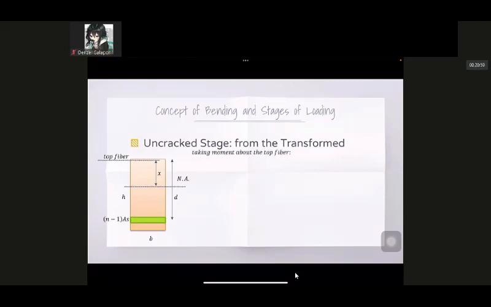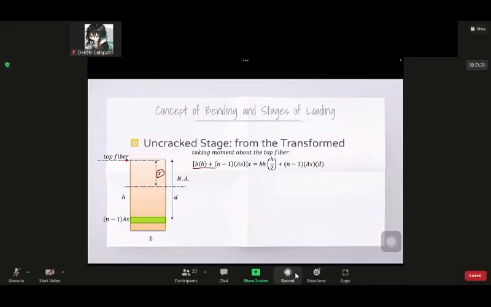Taking moment about the top fiber. So dito tayo magmo-moment sa top fiber. So kunin natin ngayon yung value of X. So to solve for X, we have to take moment about the top fiber. So this is your A total multiplied by the X.